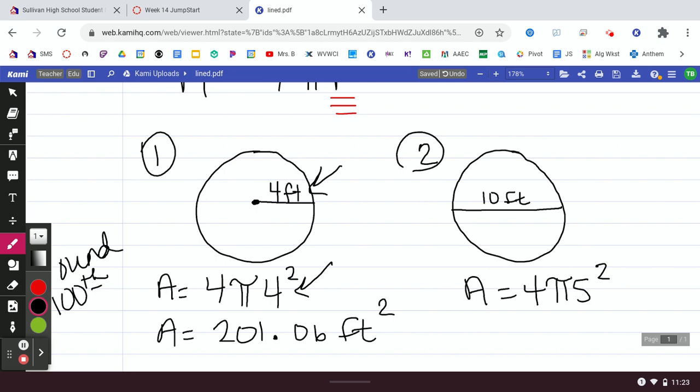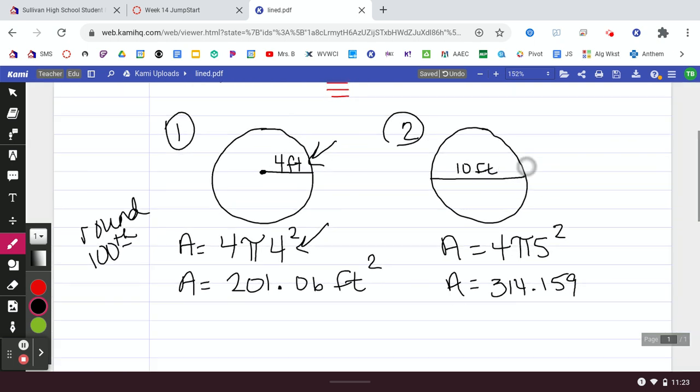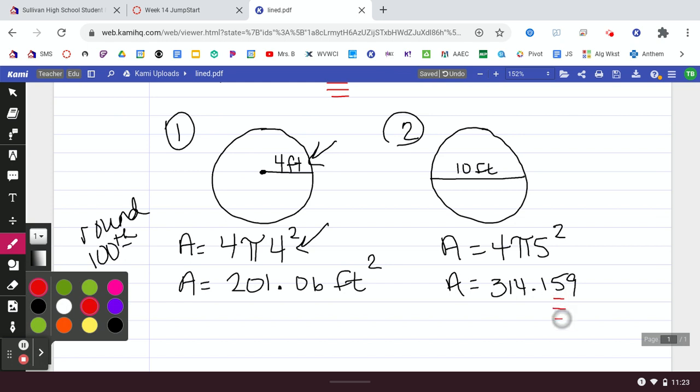And again, in your calculator, you're just going to punch in 4 pi times, and you can either put 5 squared in your calculator or just punch in 25. If you can square it in your mind, that's fine. And we get area equals 159. Now again, let's look at the rounding. I want to round to the hundredth, so I go one additional out.